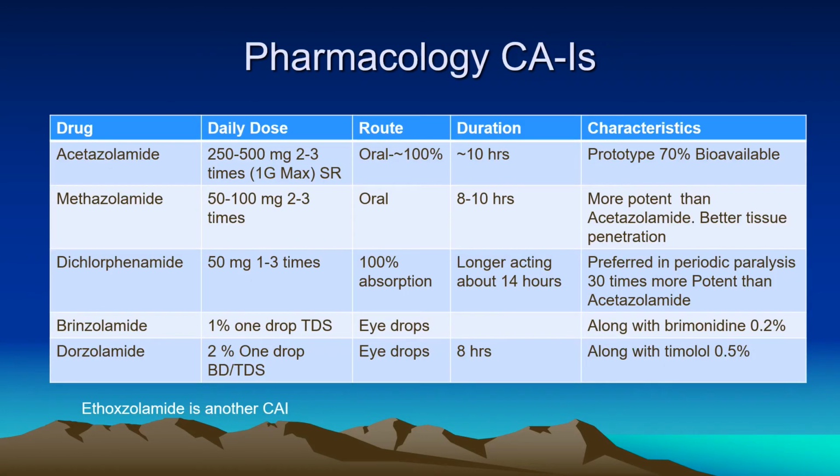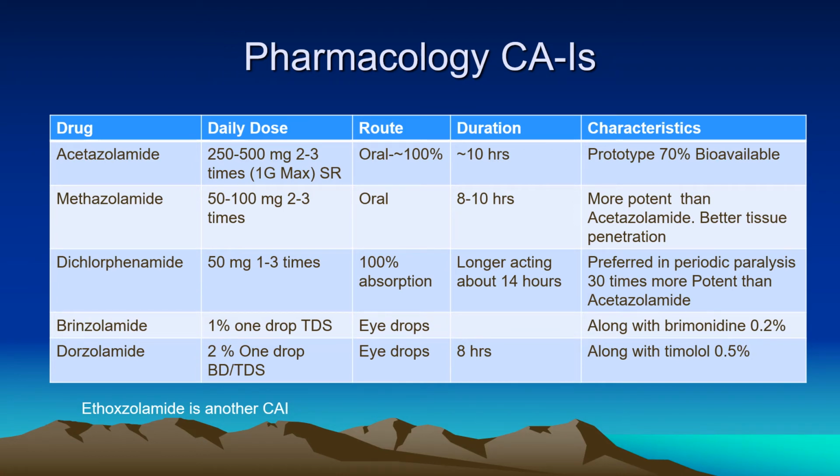Now, these are drugs which can be used either orally or topically. Acetazolamide is the commonly used oral agent to inhibit the carbonic anhydrase enzyme in a number of clinical conditions. It has also been made available for parenteral use in some countries.